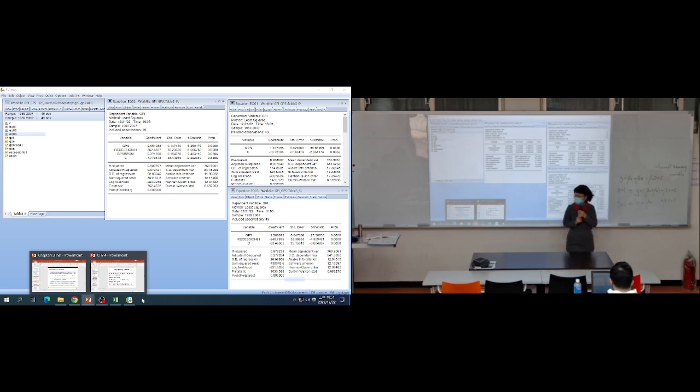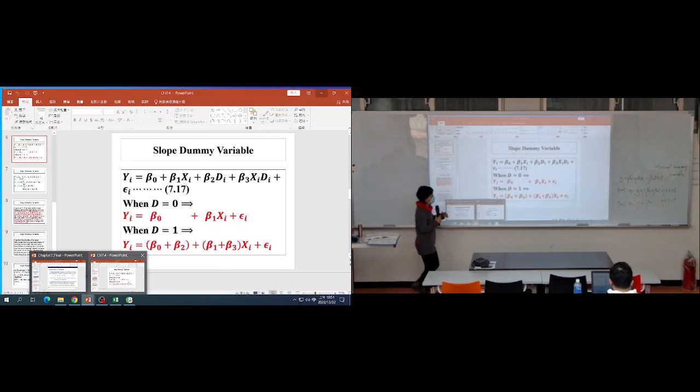This is what we said here. This is 0.95. This is 0.37. So this is after the recession. The relationship between the GPS and GPI, the slope is increased.